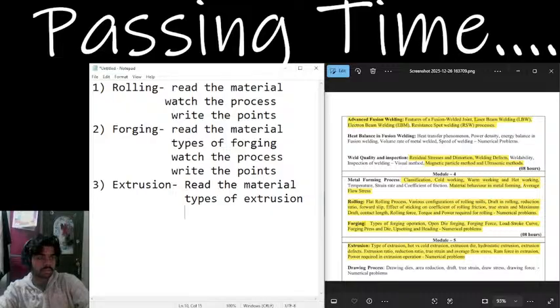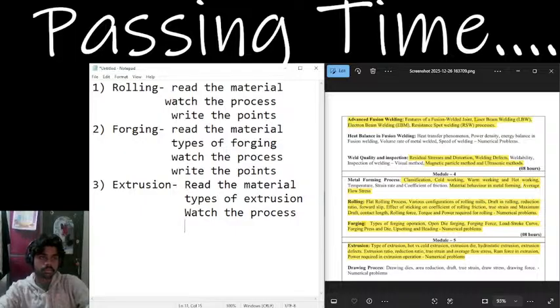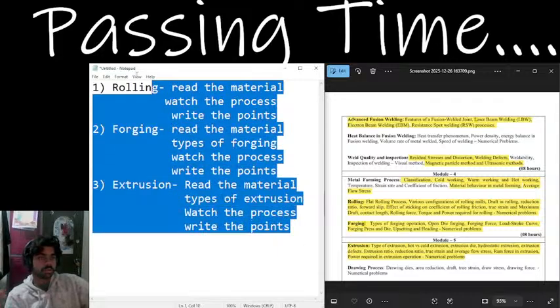Types of extrusion. So yeah, 1, 2, 4, 5, 7, 130.